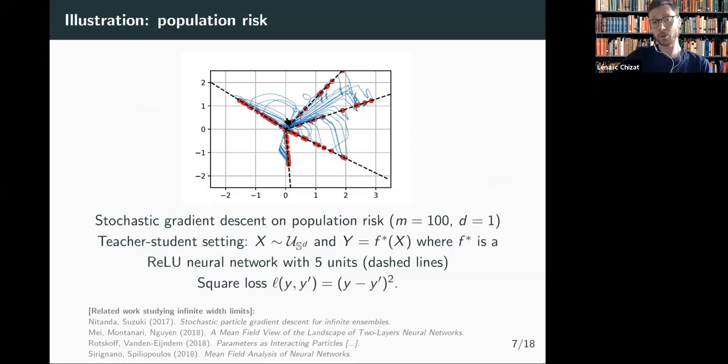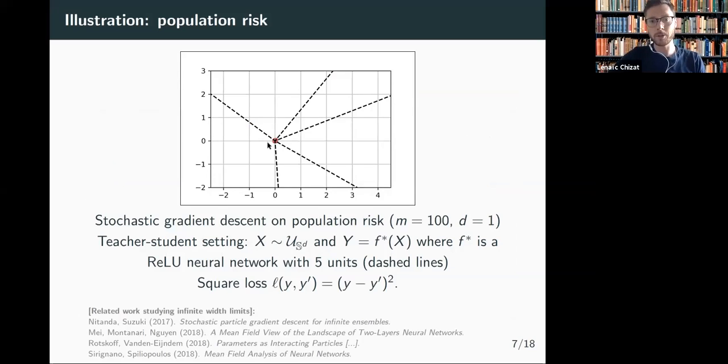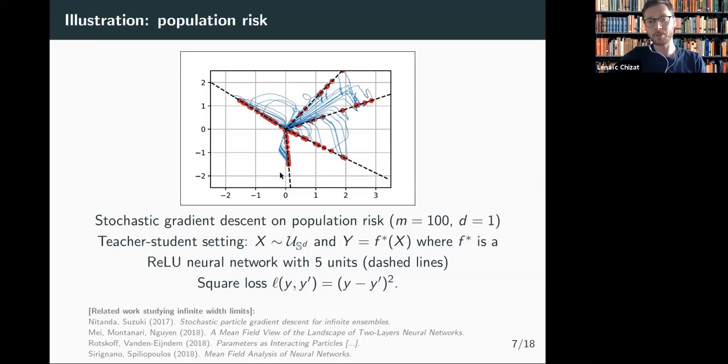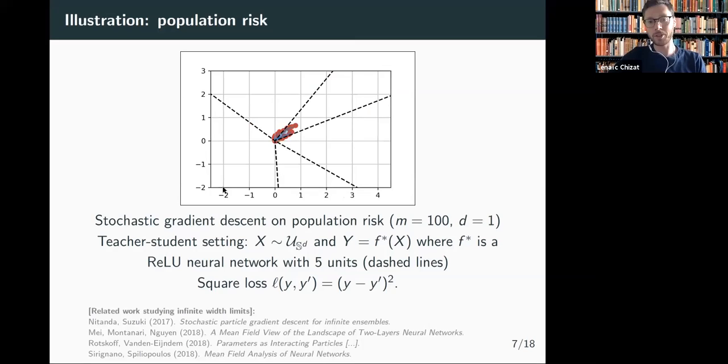And so this is how the dynamics will evolve when we initialize on a small sphere around 0. We see that we have a highly nonlinear dynamics, but in the end, all the neurons align to the ground truth positions, which means that here it will perfectly generalize.